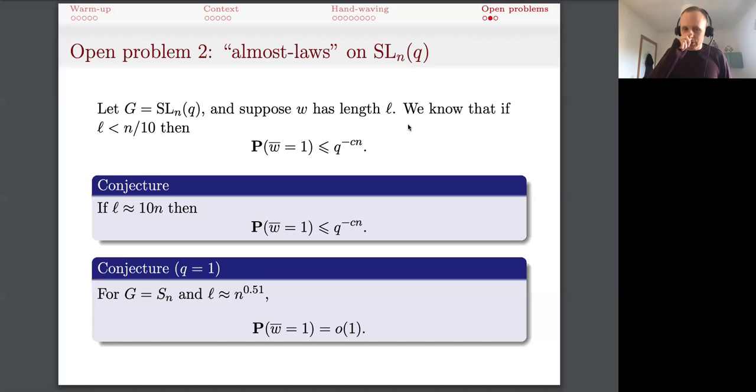So here's a particularly embarrassing analogous conjecture in the case of the symmetric group: if you take a word of length barely more than square root n, can you show that the probability that this word is trivial tends to 0? That's a particularly embarrassing form because it's hard to believe that it could be otherwise.